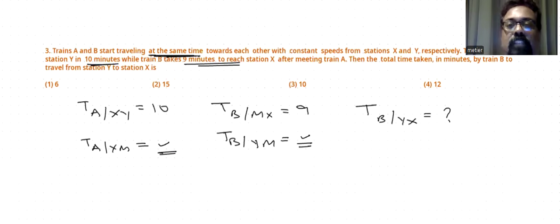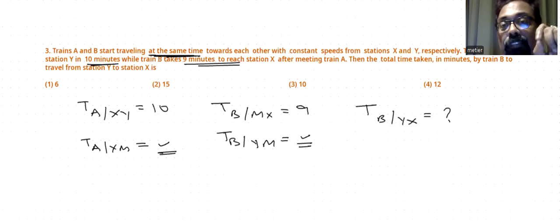Now check it. In this kind of question, when the time given or required is for after meeting, we know the very beautiful proportion concept in time, speed, distance, that when distance is the same, time and speed are inversely proportional.